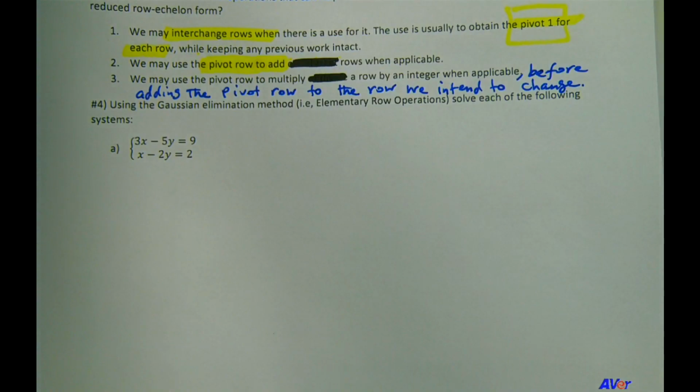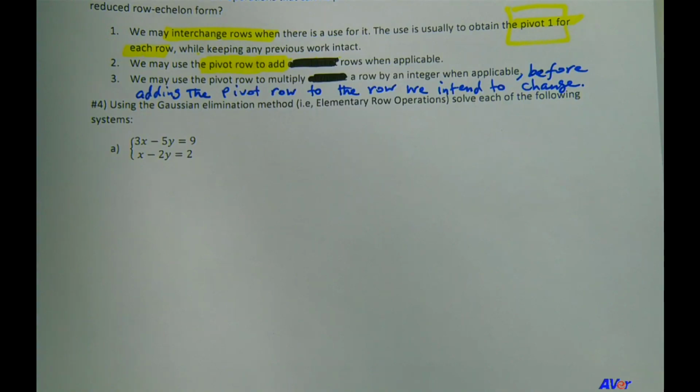Do not use subtraction. Do not use division. If you comb through the solved examples on the internet, quite often you see the presenter using all these operations, adding, multiplying, dividing, subtracting.